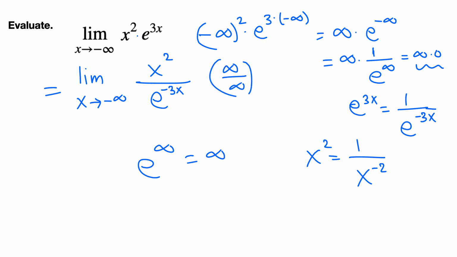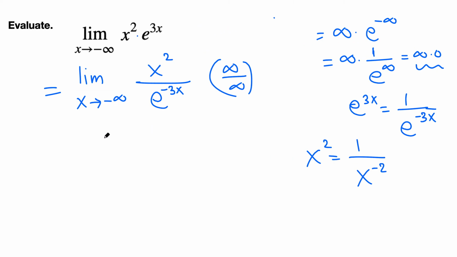We have infinity over infinity, and we know that whenever the limit goes to 0 over 0 or infinity over infinity, then we can apply L'Hopital's rule. So to evaluate this limit, we apply L'Hopital's rule. I'm indicating that by writing LH.